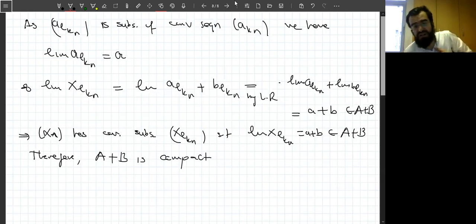Okay, we started with two compact sets in real numbers, then their sum must be compact.